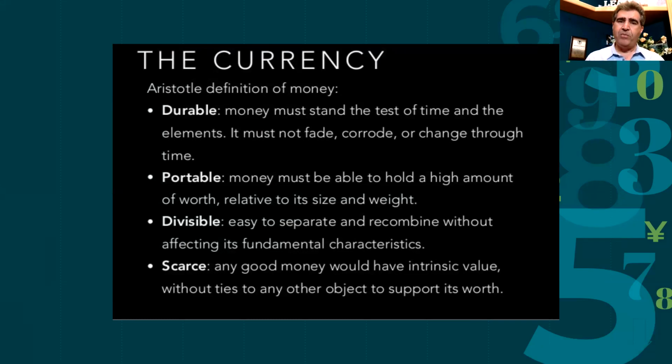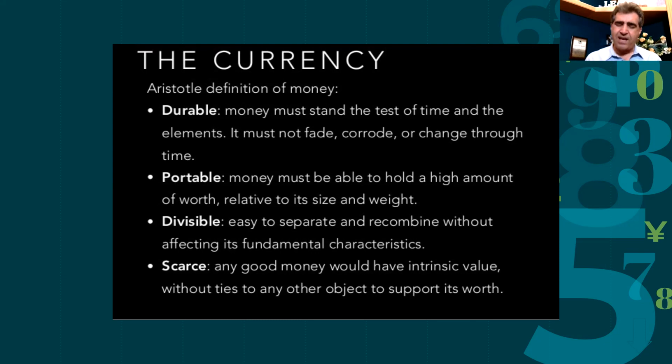In his opinion, money should be durable. That means it has to stand the test of time and the elements; it cannot fade, corrode, or change through time. It also has to be portable: money must hold a high amount of worth relative to its size and weight. And it has to be divisible, easy to separate and combine without affecting its fundamental characteristics.